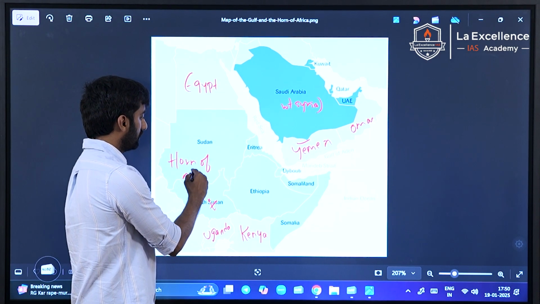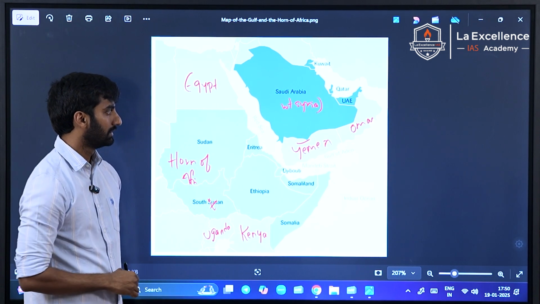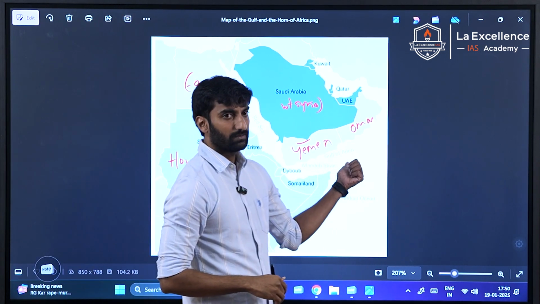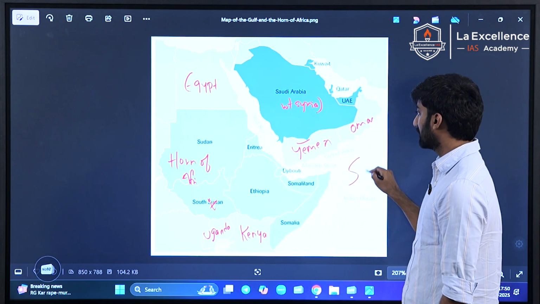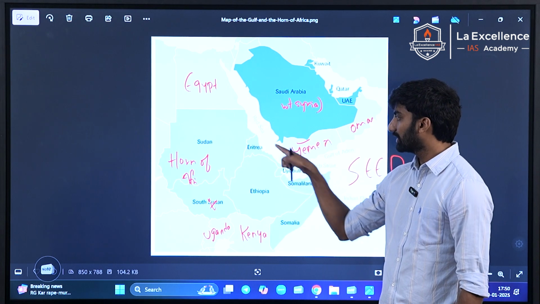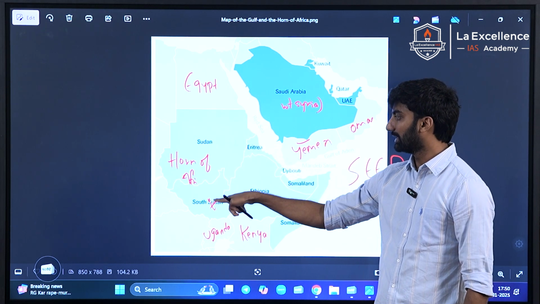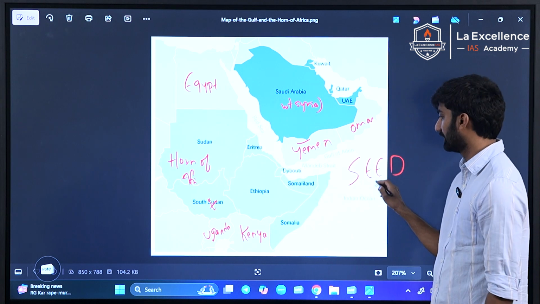Next important fact is a region called Horn of Africa. We have to know Horn of Africa countries, and this map is all those Horn of Africa countries. So we have studied Gulf of Aden bordering countries, 4 countries called SEED. All those 4 countries are also part of Horn of Africa. In addition to these 4 countries SEED, we have 3 more countries, Sudan, South Sudan and Kenya, included in Horn of Africa.